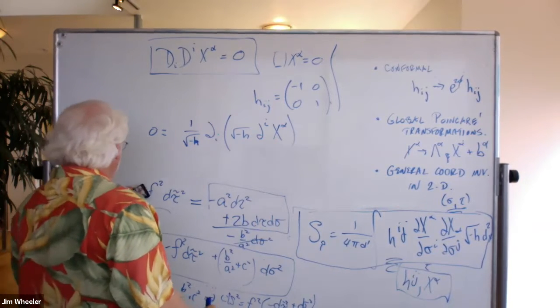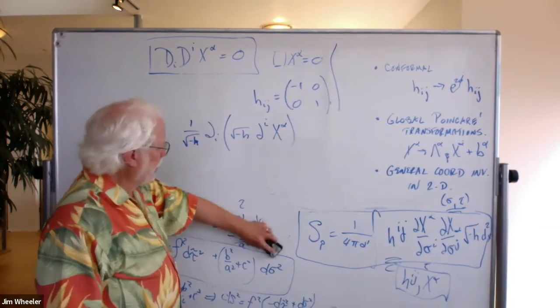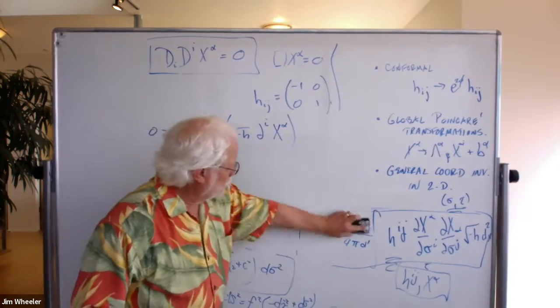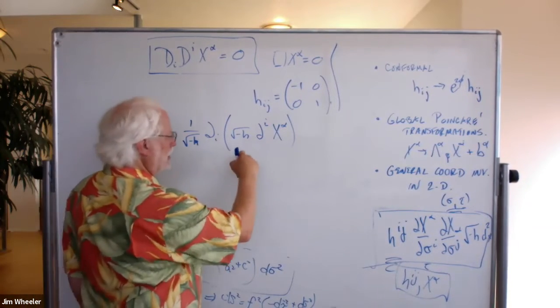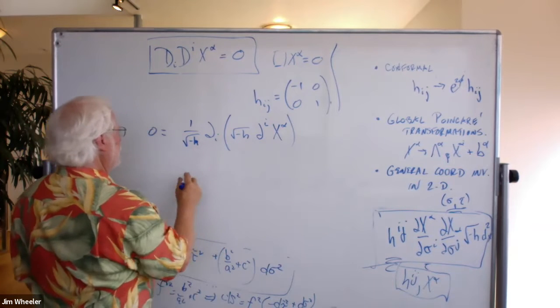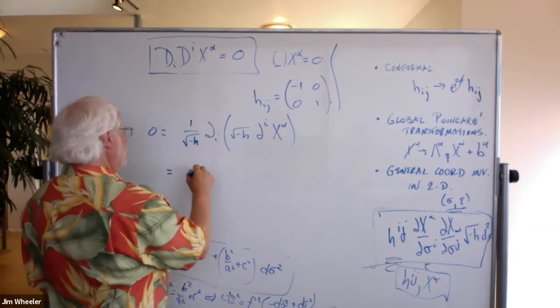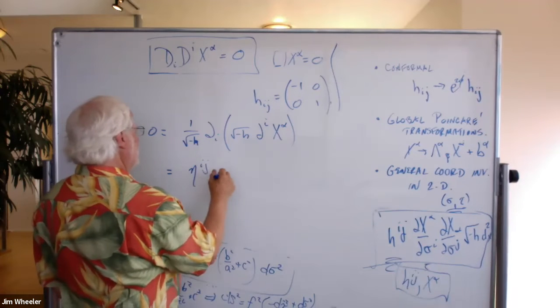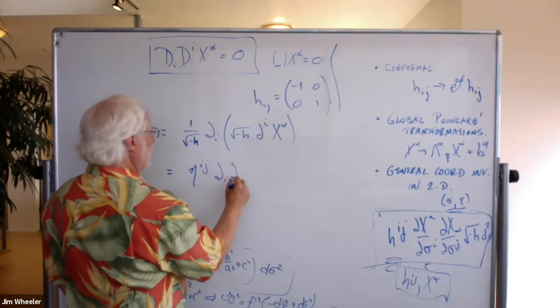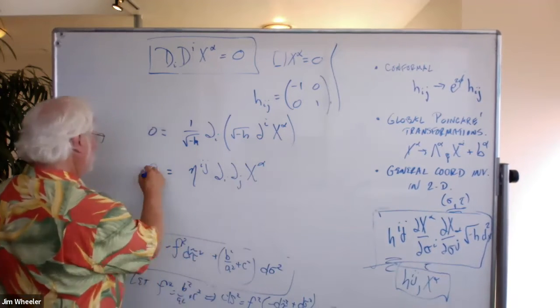But now the determinant of h is just -1. The volume form always has the absolute value of the determinant. So these factors are just 1, and we just have eta ij d_i d_j x alpha equals 0.